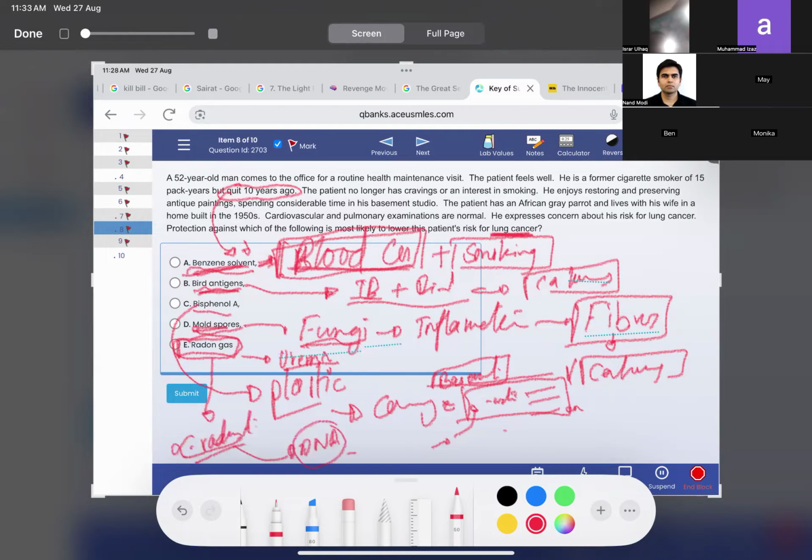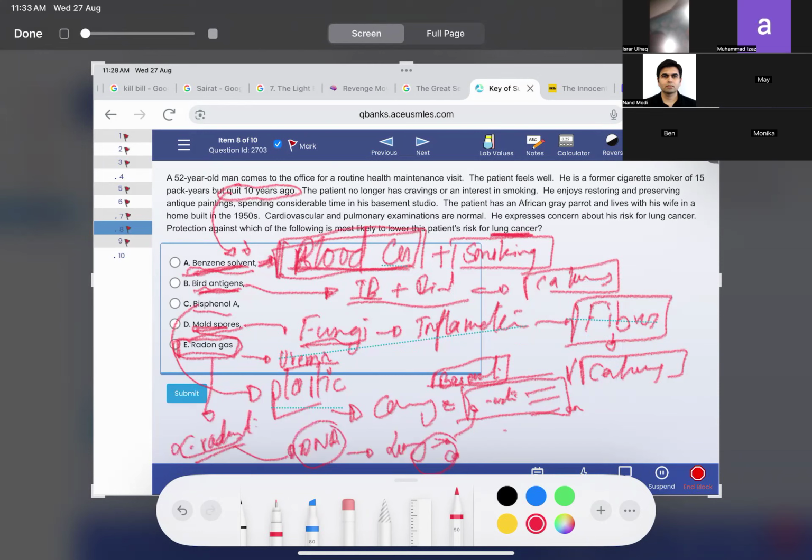Whenever it damages our DNA, it leads to lung CA. So this can increase the risk of lung CA, when exposed for a long period of time. Have you got the point?